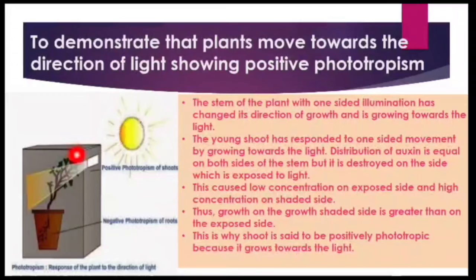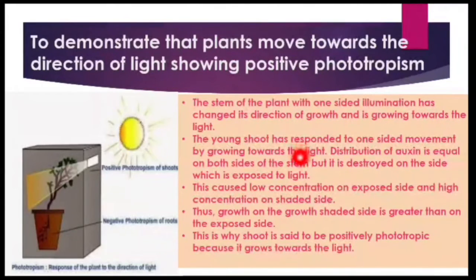Now, remove the plant from the box after 2 or 3 days. So we will observe the stem of the plant with one-sided illumination has changed its direction of growth and is growing towards the light. The young shoot has responded to one-sided illumination by growing towards the light.